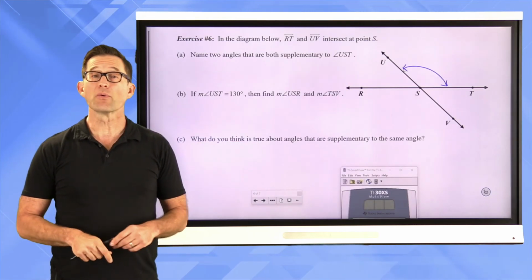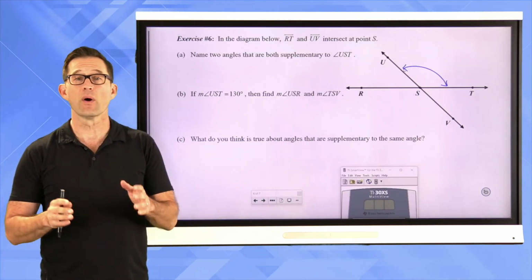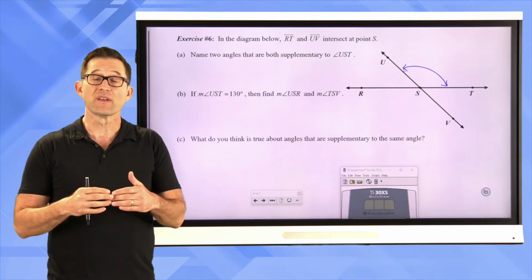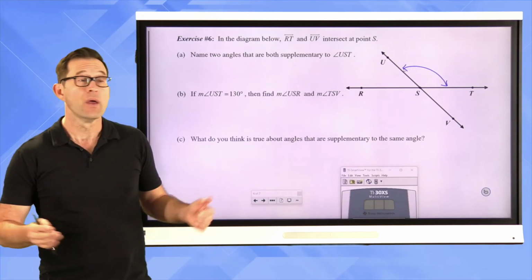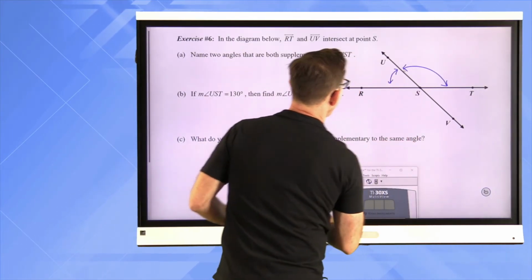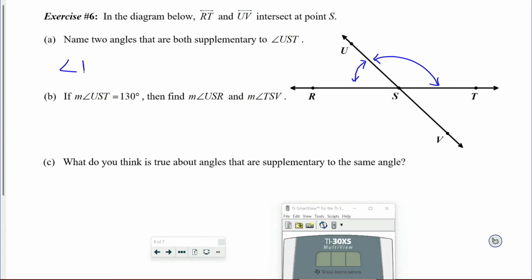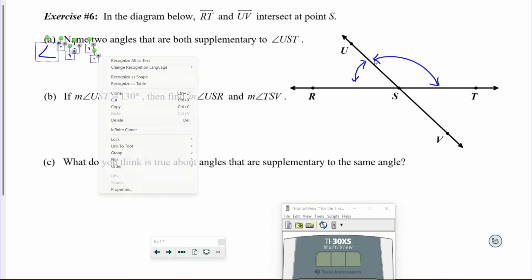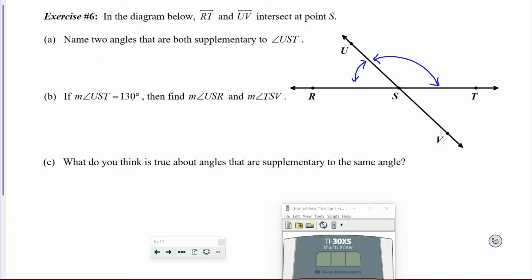All right, well remember, supplementary angles are angles that add up to 180 and that when put together will form a straight angle. So one angle that's supplementary to this is going to be angle RSU. Actually, let me call them USR to be consistent. There we go.